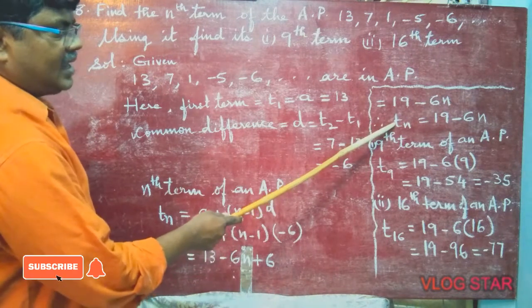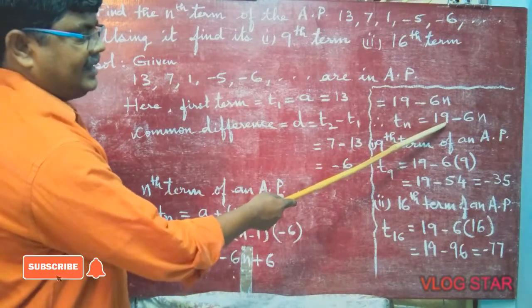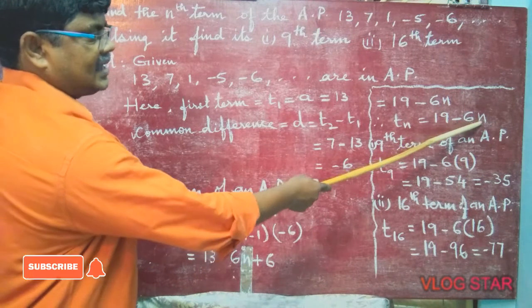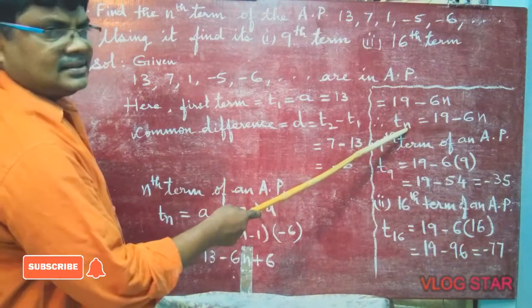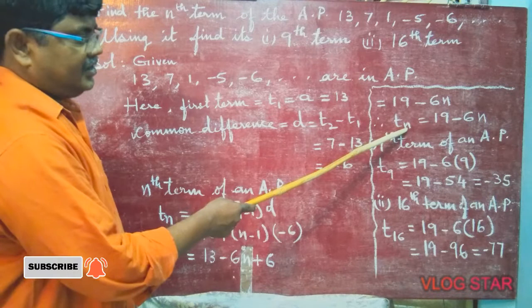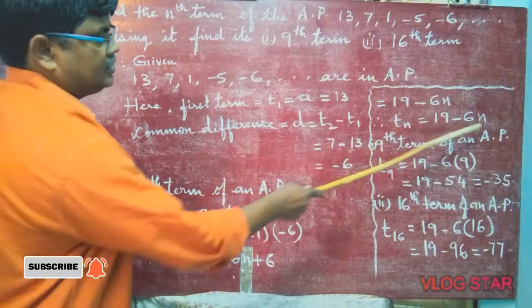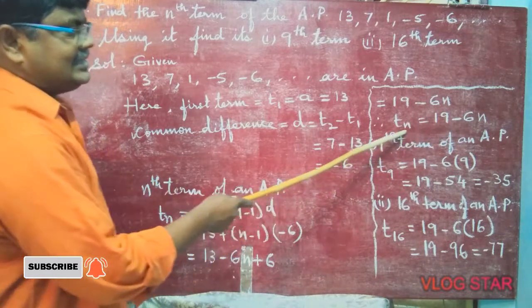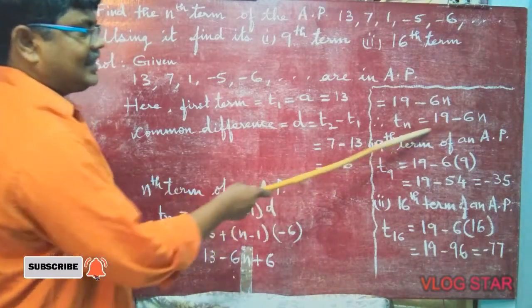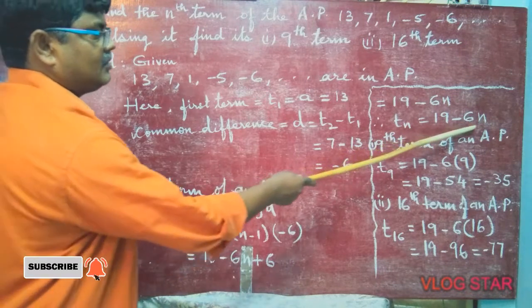Therefore, nth term of an AP is 19 minus 6n. N indicates number of term. T1, T2: if you keep n as 1 here, it is 1 there also. If you keep n as 2, there also 2. So this is the general form or nth term of an AP.